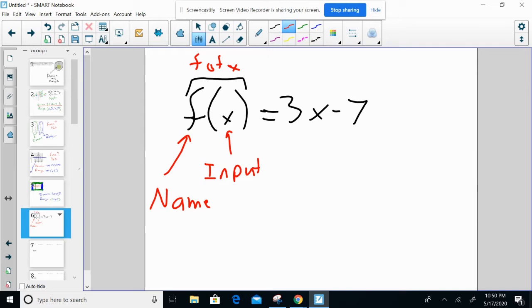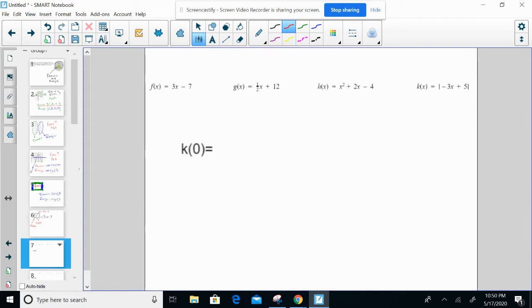Now, f of x as a whole, this is another way we write it, and this you have seen: y equals 3x minus 7. You've seen that before. F of x is the same thing as y, basically. But here's the thing. Each of these has its own name.